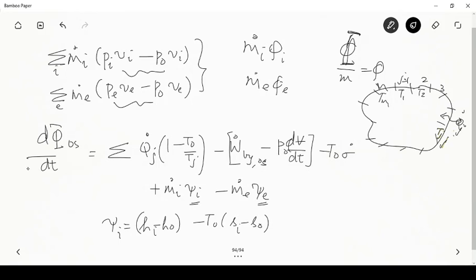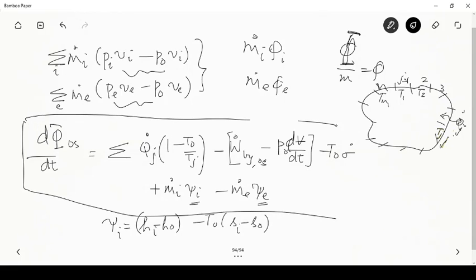So now this can be looked upon as a statement of balance of exergy.